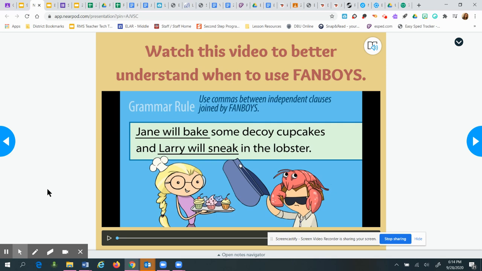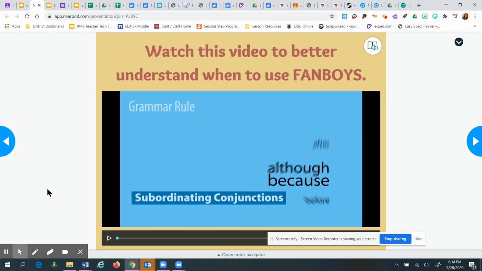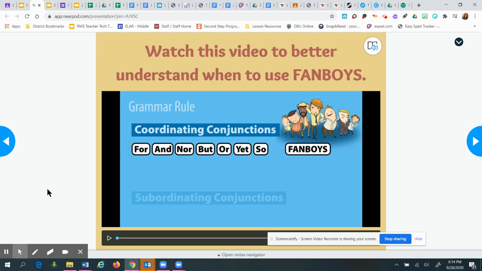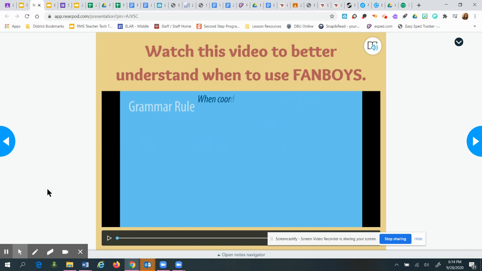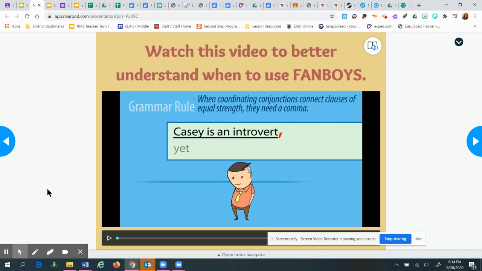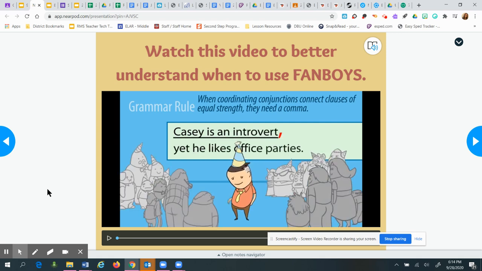Divide them using one of the 7 fanboys. Now, there are lots of subordinating conjunctions, but there are only 7 coordinating conjunctions, the fanboys. Remember that coordinating conjunctions connect clauses of equal strength, and when they do, they need a comma. Casey is an introvert, yet he actually likes office parties.